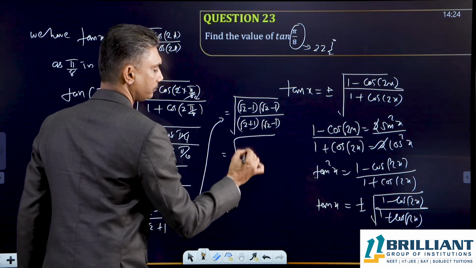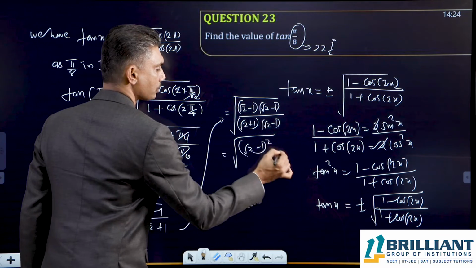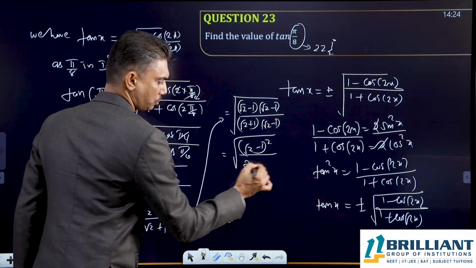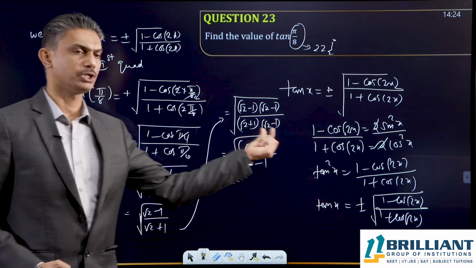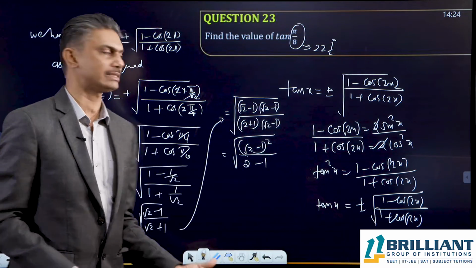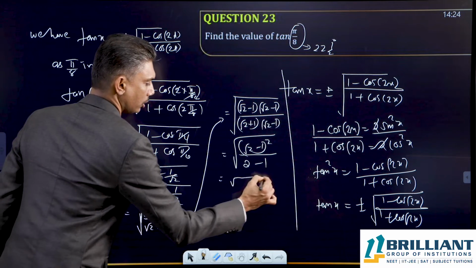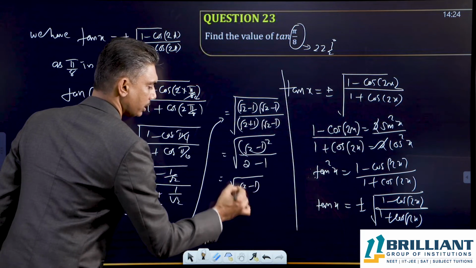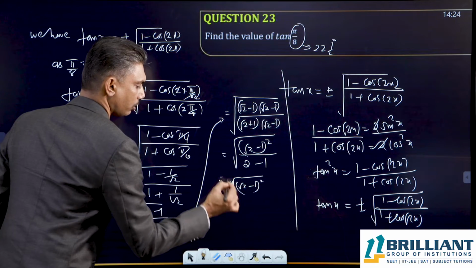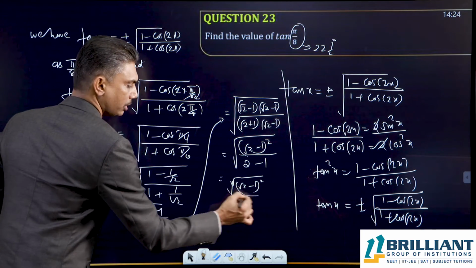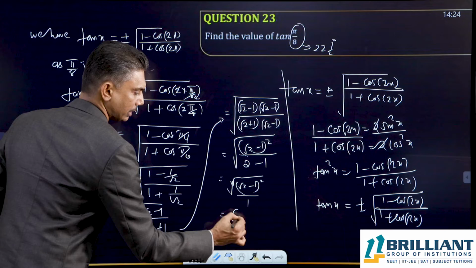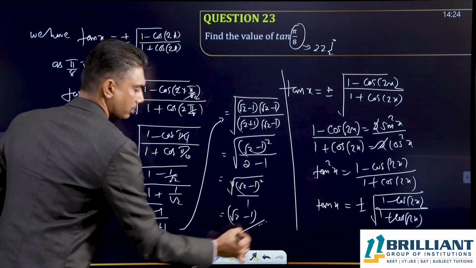That is root of root 2 minus 1 the whole square by 2 minus 1, because a plus b into a minus b is what? A square minus b square. Now, that is root of root 2 minus 1 the whole square by 1. We need only the positive square root, that is root 2 minus 1.